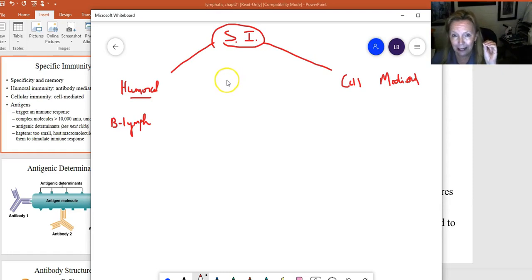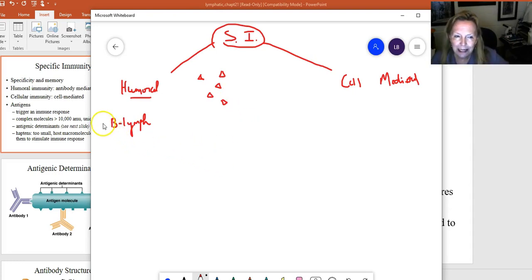When the body encounters an antigen that is foreign, and I'm just going to make up a shape of a foreign antigen. So maybe this is a little virus that has a unique little antigen that looks like this. And all of a sudden maybe it's respiratory borne, so maybe you breathe this in, maybe it's been introduced into a wound, maybe whatever, but it's foreign to the body and it's invaded into the body.